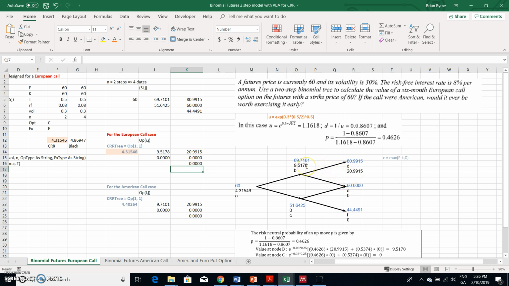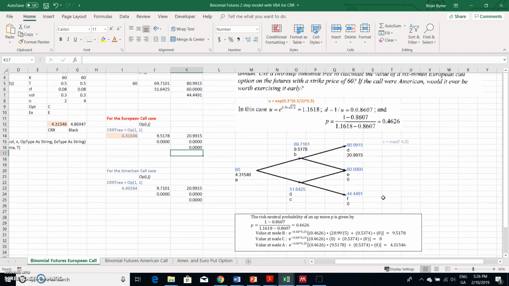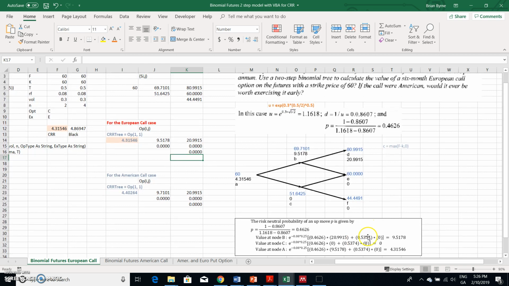Then we need to find out the value at B, the value at C, and the value at A. To estimate the value at C and the value at A, we might follow in line here.